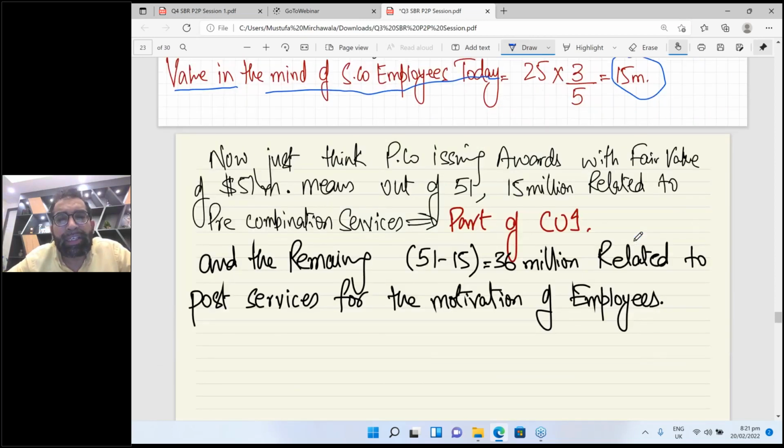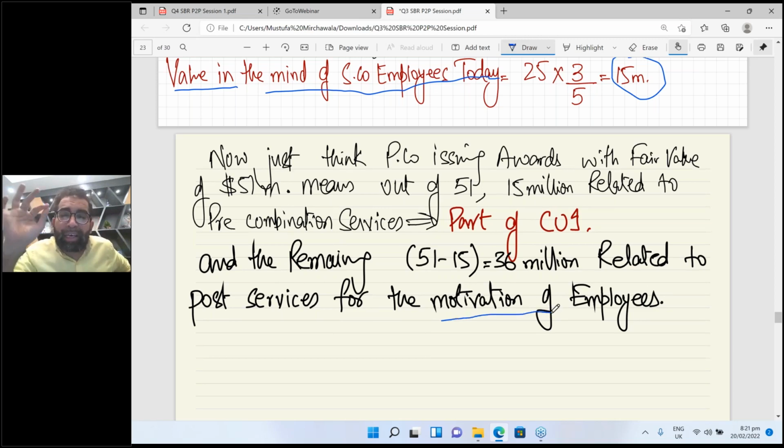Just think: P company issues awards with a fair value of 51 million. Out of 51, 15 million relates to pre-combination services, so this will be part of COI. The remaining 36 million relates to post services, for the motivation of employees.